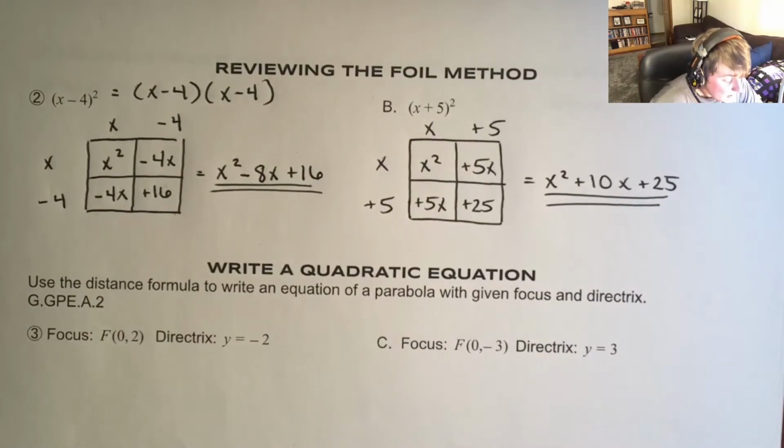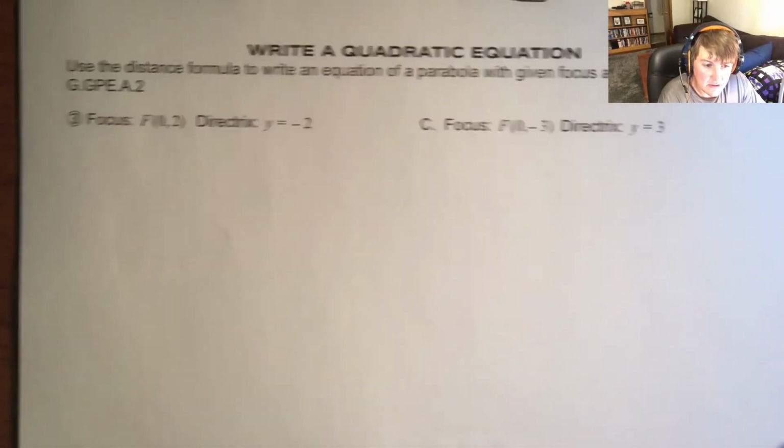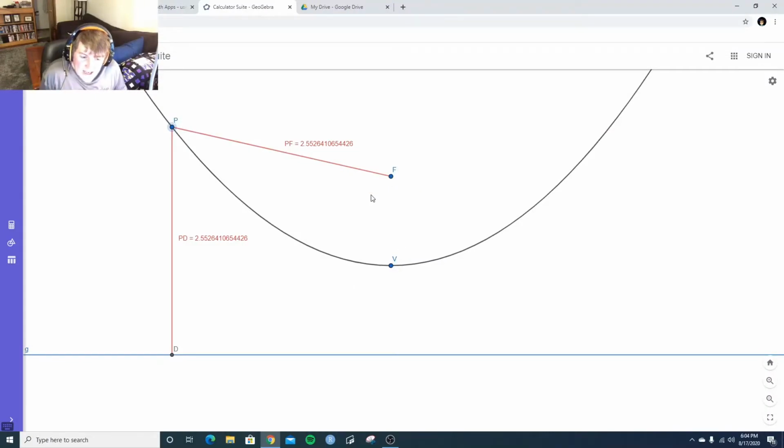Okay, so let's actually get into the stuff that you're going to need to be able to do for today, the specifics. One thing that is important to note, if I bring up this diagram I have here on the computer, is that I have my parabola.